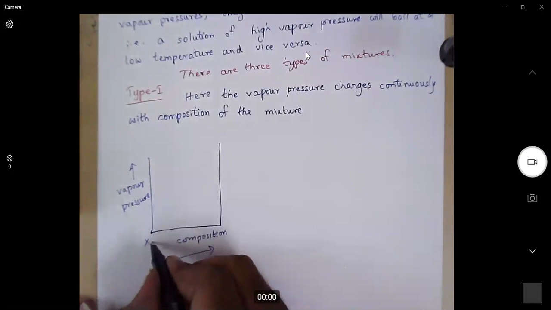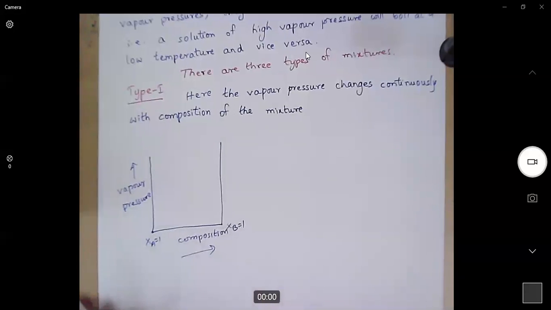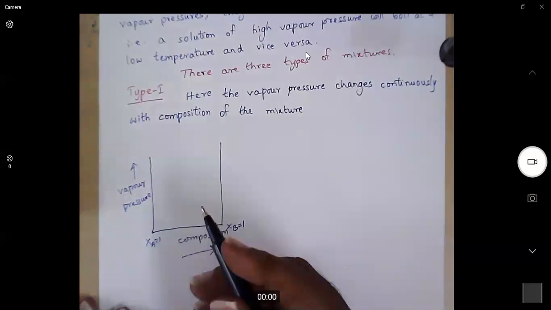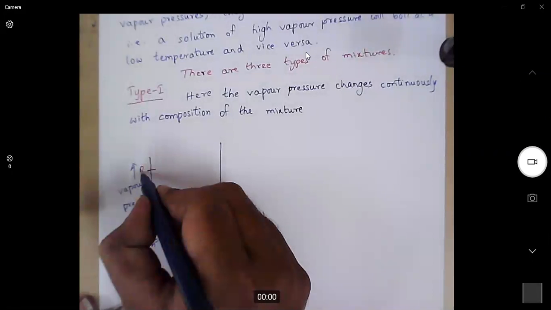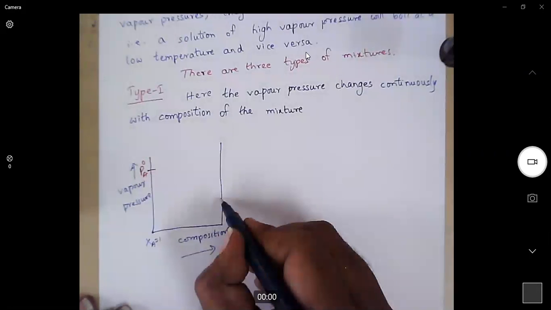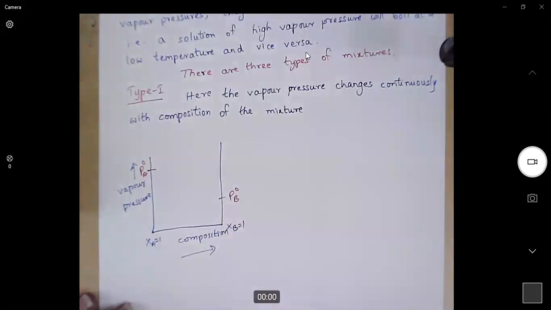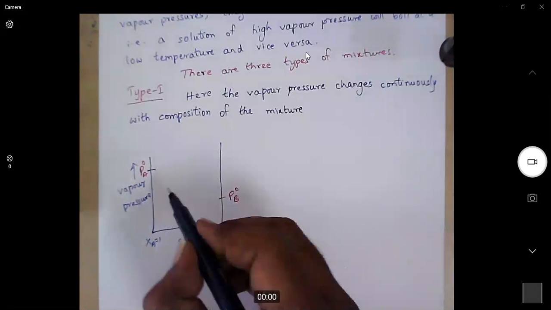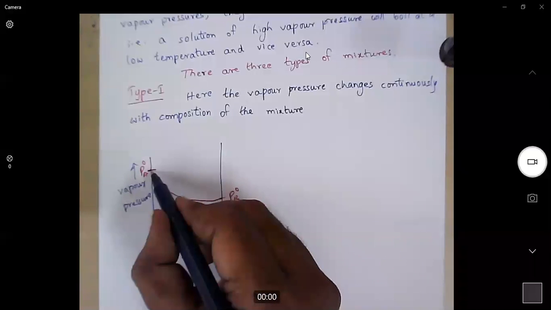Here we have pure A, here we have pure B. Now the vapor pressure of pure A is very high compared to the vapor pressure of pure B. The vapor pressure composition curve must be like this.